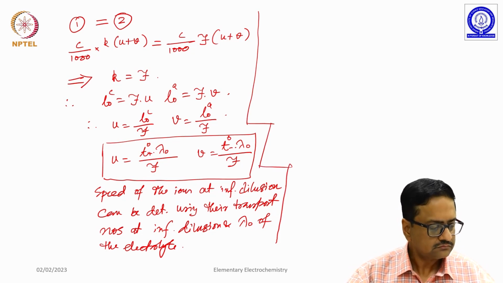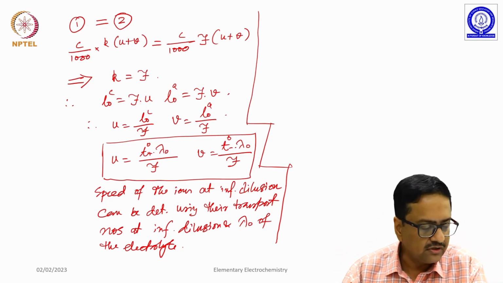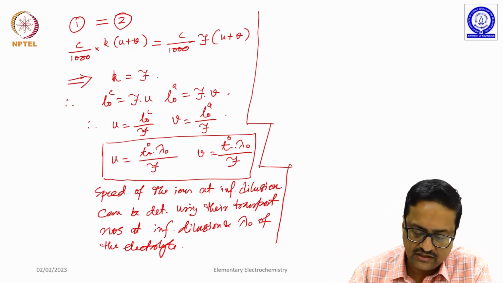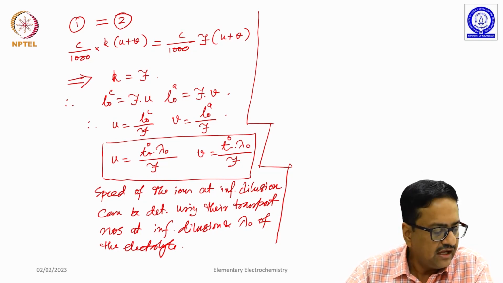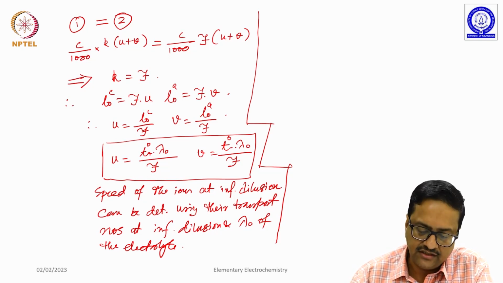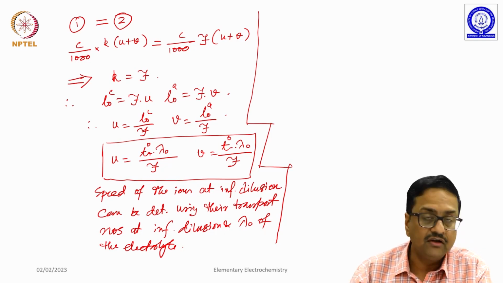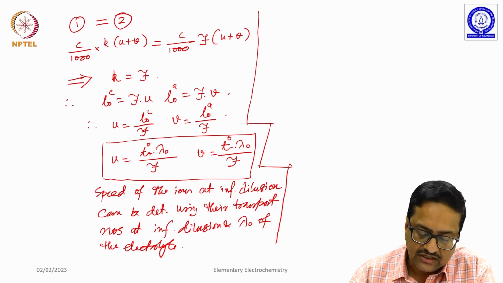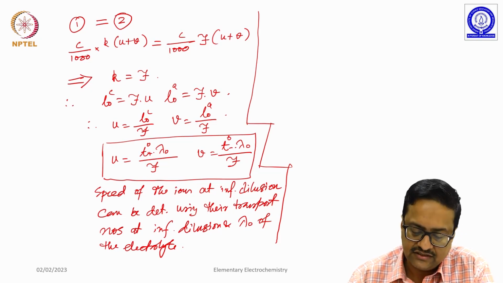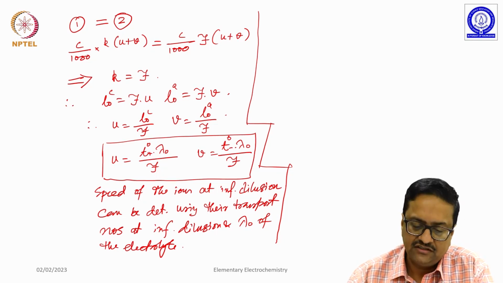So the value of ion conductivity certainly depends on the transport number of the ions, and the transport number further depends on the concentration, and it depends on the temperature as well. So the ionic conductivities, that is L0C or L0A, depend on temperature.